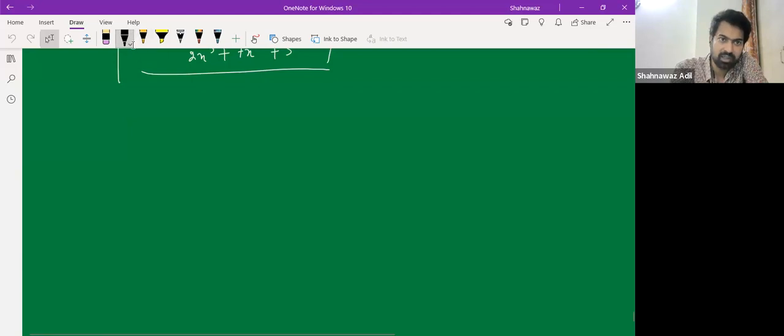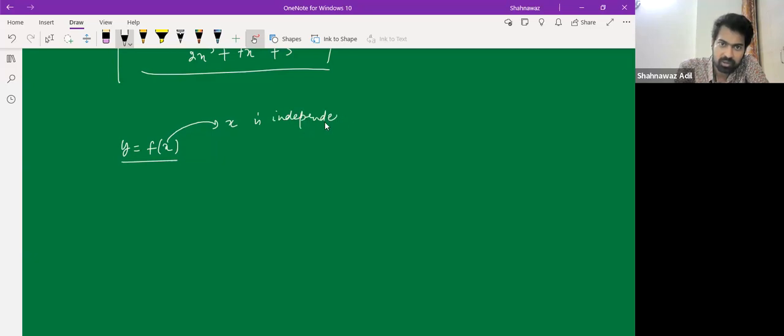We learned that we have a function which is dependent upon x, right? So here x is the independent variable and y is the dependent one.